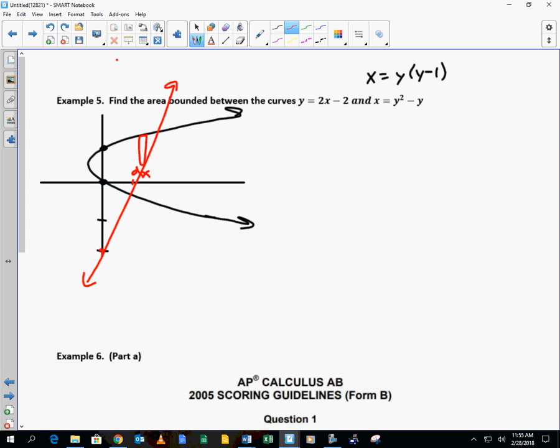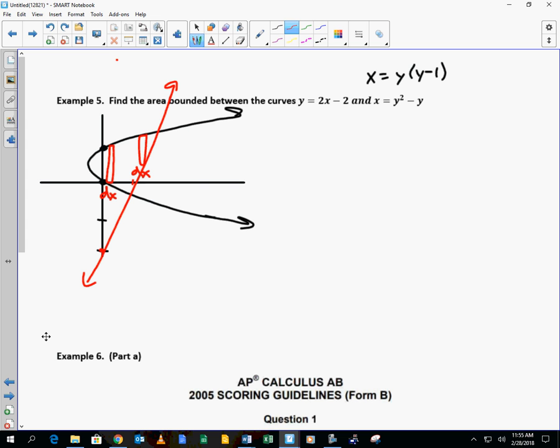If I draw that rectangle here, I still have a horizontal thickness of dx, but what's on the top and bottom there? For this one right here, isn't the same equation on the top and the bottom? So what will happen when you subtract? It'll cancel out. So it does not work to draw vertical rectangles in this situation.